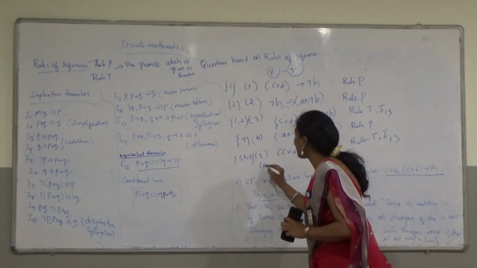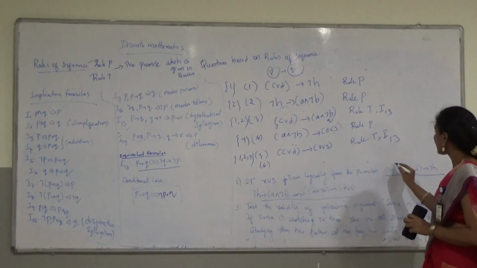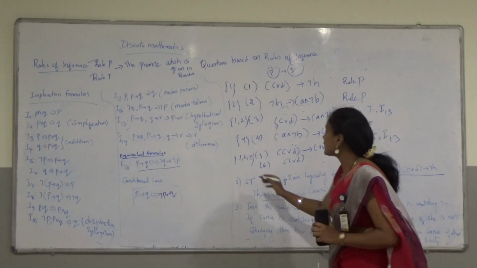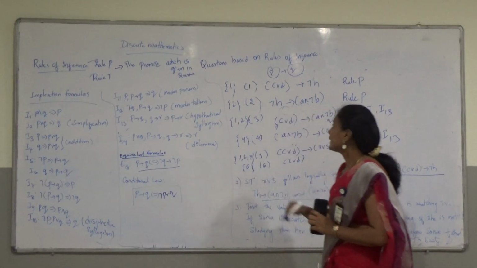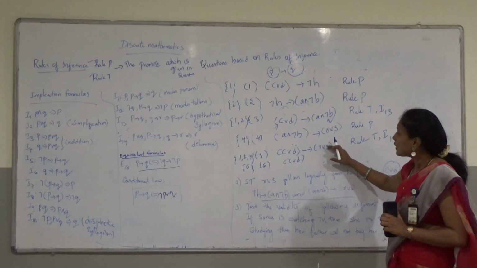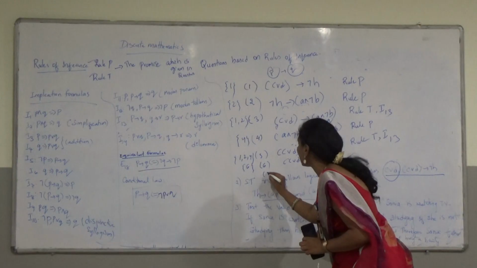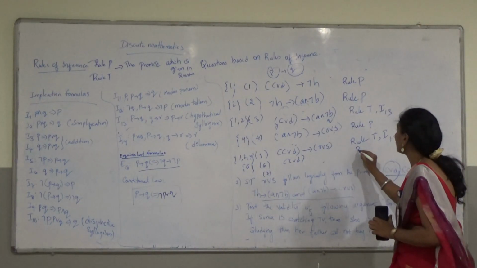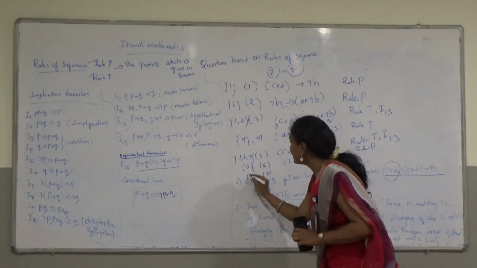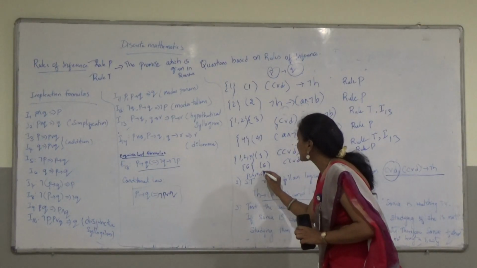The next premise which was pending is C or D. Let us use this also. C or D is a new premise, name it as 6. From this 2 we are deriving, this is rule P only. From which numbers? 1, 2, 4, 6.